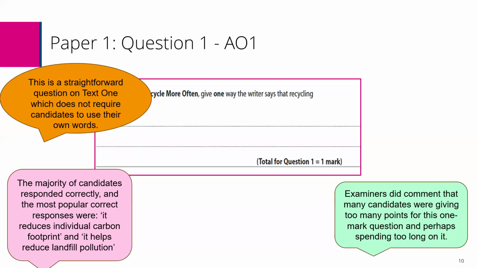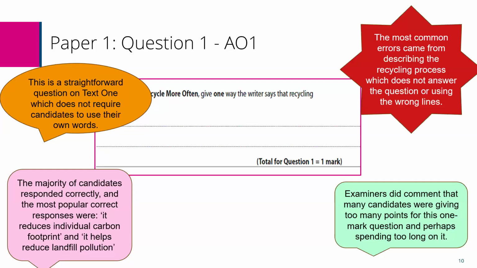Examiners did comment that many candidates were giving too many points for this 1-mark question, and perhaps, therefore, spending a little bit too long on it. And that will obviously be at the expense of the high tariff questions later on in the question paper. The most common errors came from describing the recycling process, which does not answer the question, or using the wrong lines.